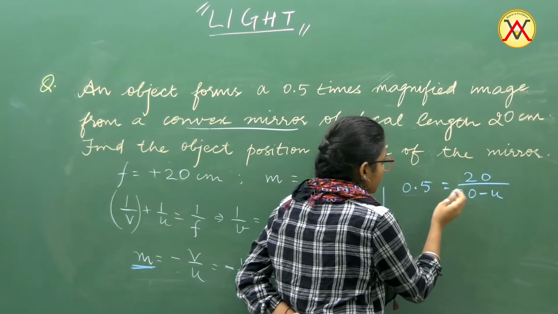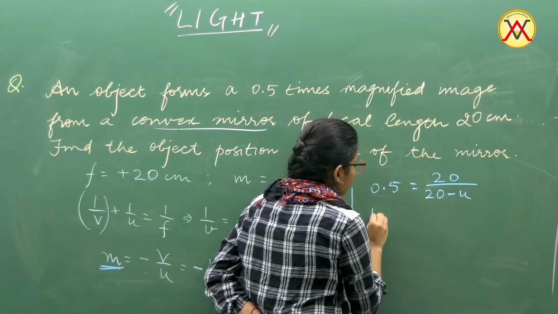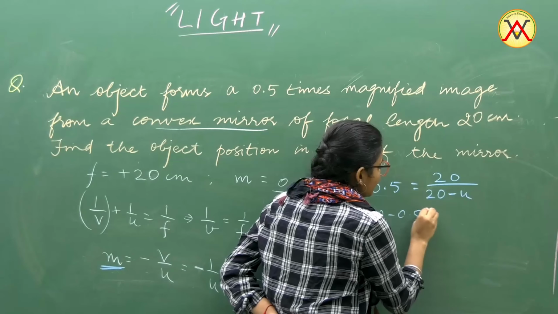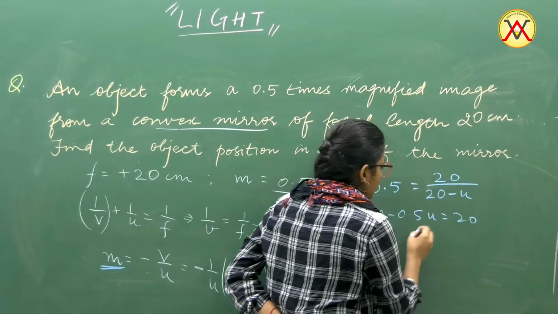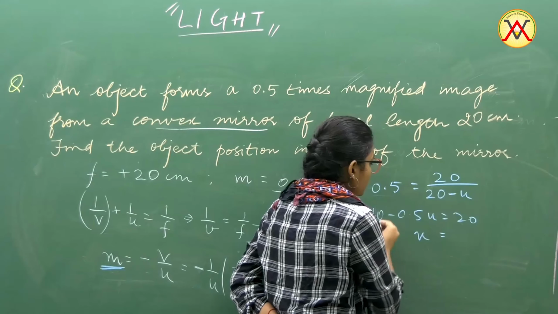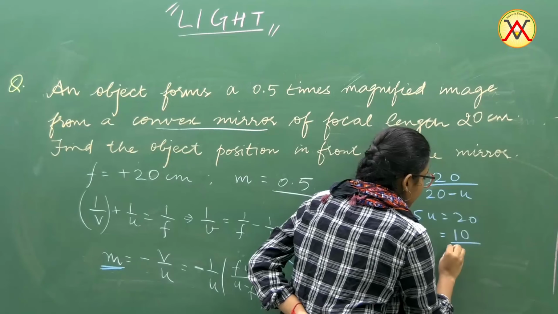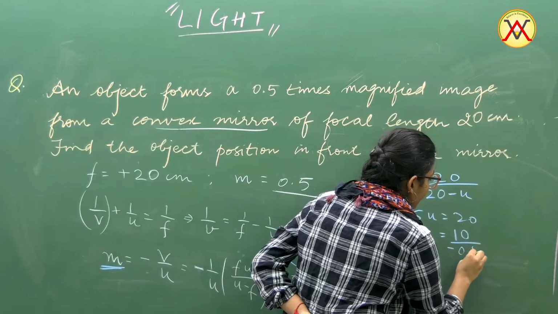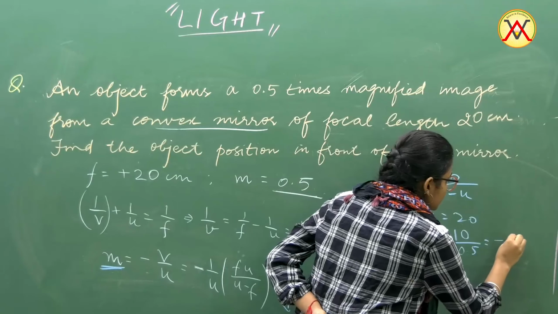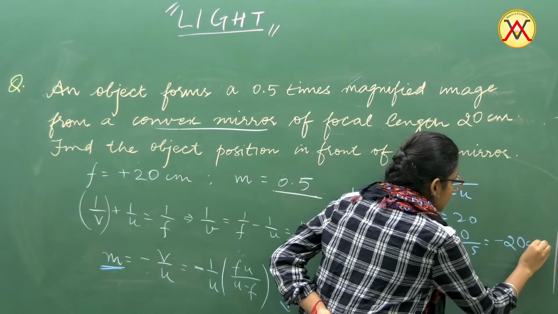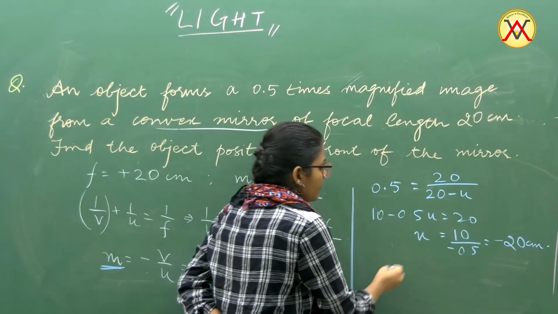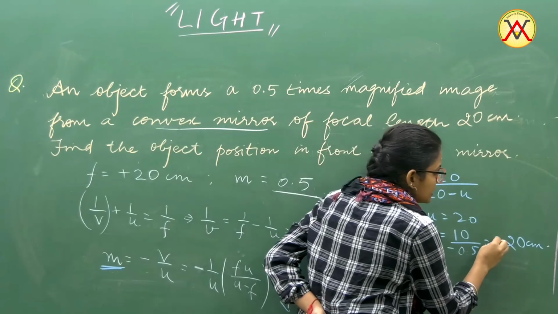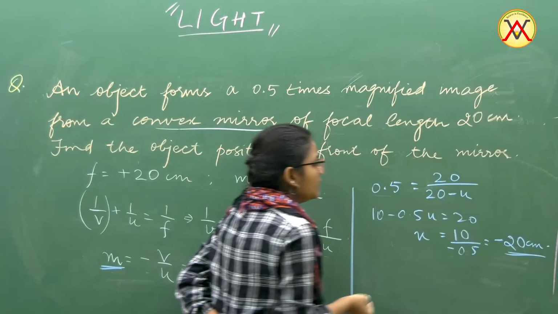Substituting the values on the left-hand side and right-hand side, we will have 10 minus 0.5 u equals 20. From here, u equals 10 upon minus 0.5, which is nothing but minus 20 centimeter. So from here, we have our object distance, which is minus 20 centimeter.